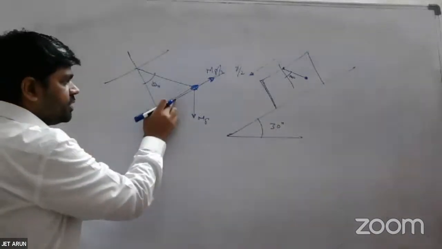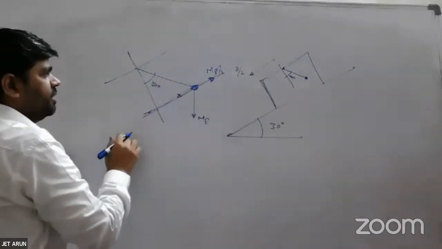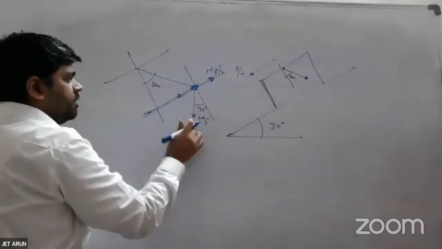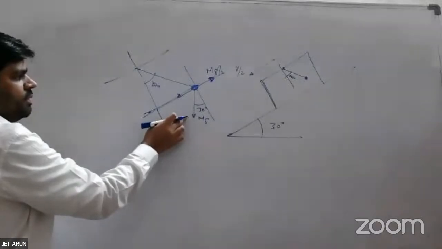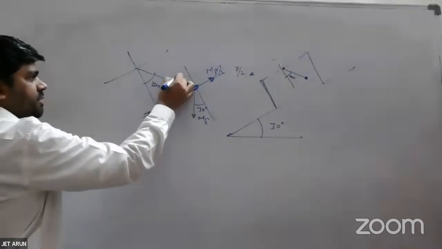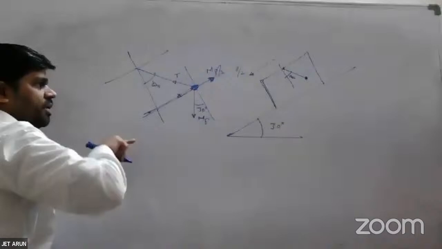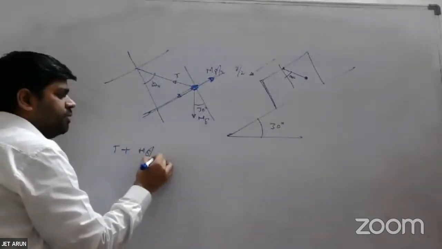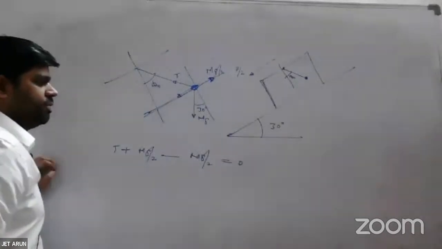What is the component of mg along this horizontal? This is 30 degrees, and I have to find theta. So mg sin 30, right? Mg sin 30 is my component. Yes, sir. So net force would be one is tension, pseudo force, mg. I'll take components along the inclined plane, parallel to the plane. So I'll have T plus mg by 2 minus mg by 2 equal to 0.